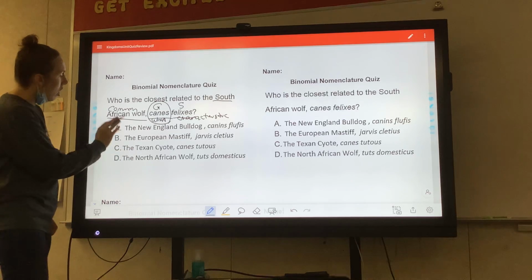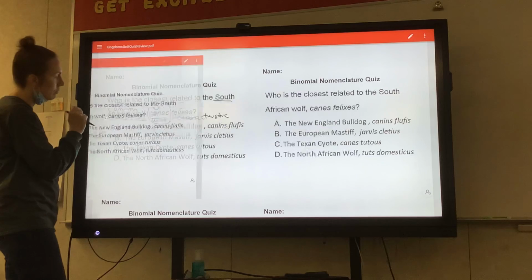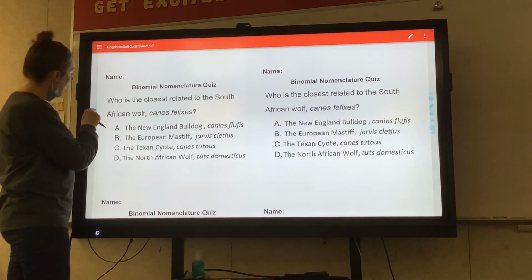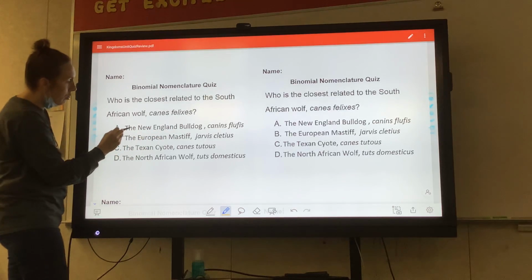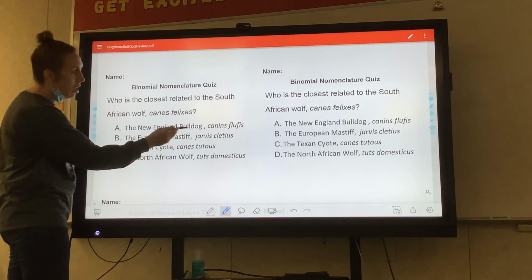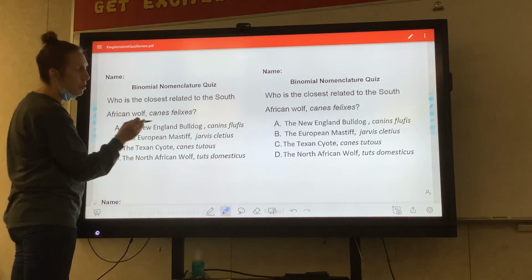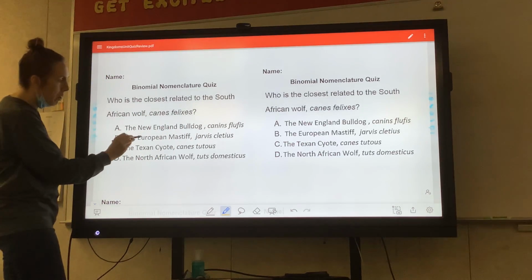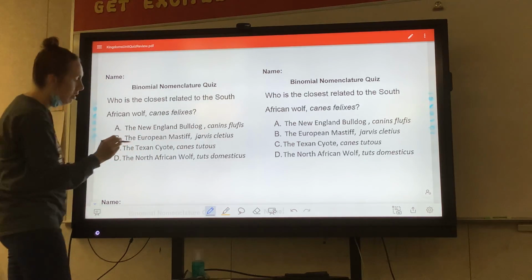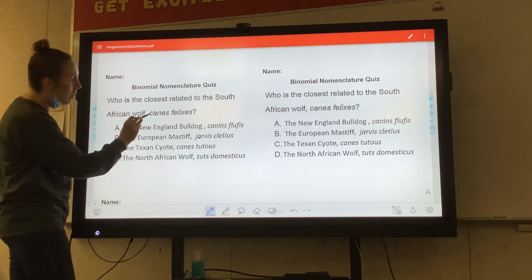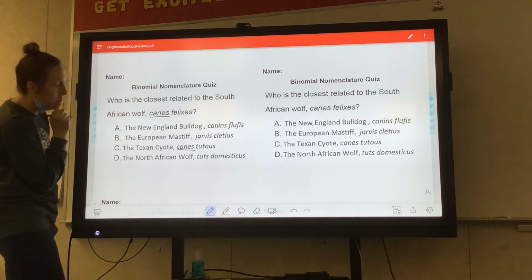Okay, so are we going to relate the South African wolf Canis felixus to the New England bulldog Canis fluffus? Well, Canis and Canis look very similar, but it's not the same. The European Mastiff Jarvis cletus, that's nothing similar. The Texan Coyote Canis tutus, wow. Canis and Canis, okay, that looks promising.